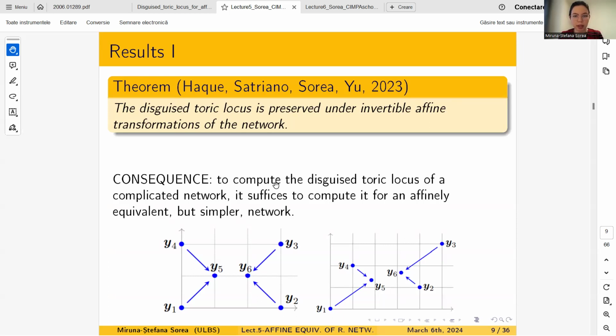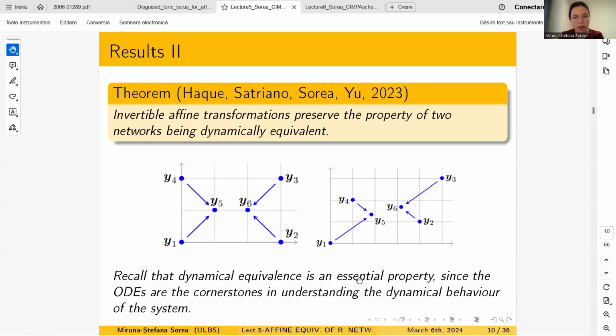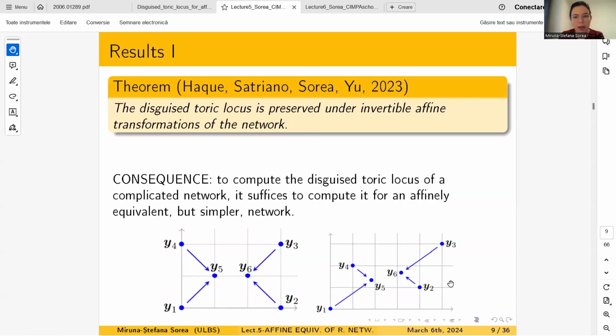You don't need to do anything else, because the disguised toric loci are the same. And we will see during the tutorial that for this left-hand side network, the disguised toric locus has positive Lebesgue measure. And then directly we know it for the right-hand side.